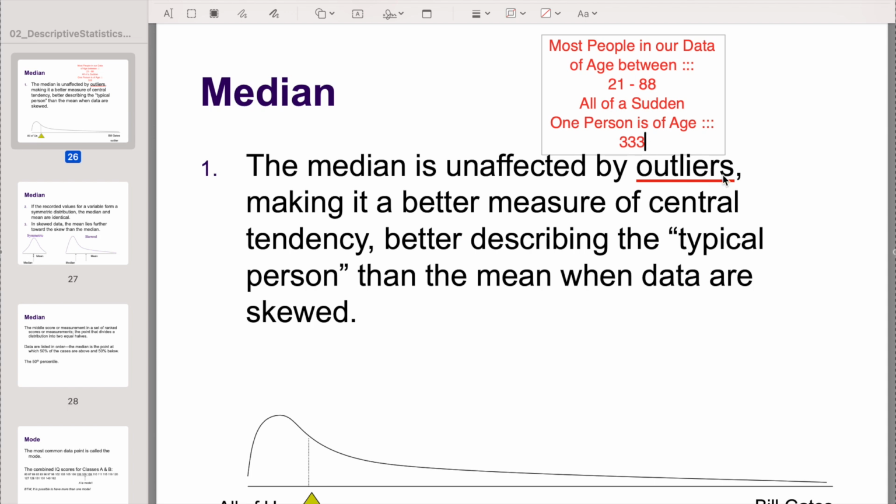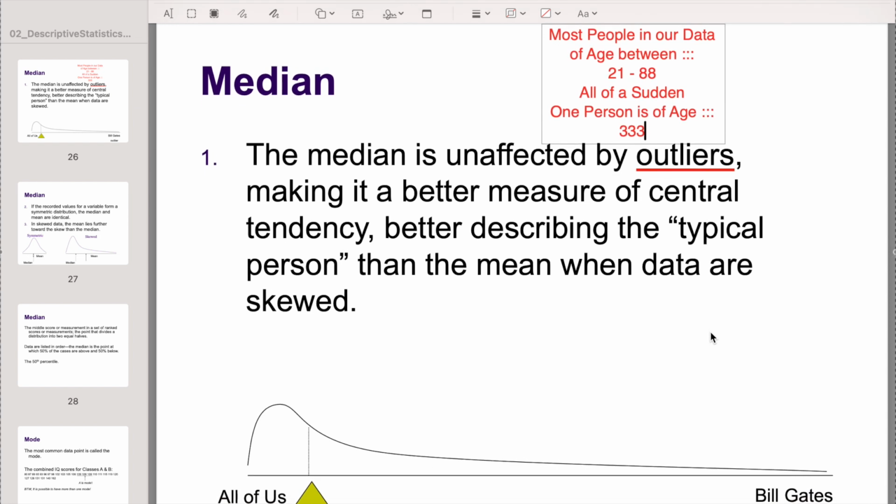Well, that's an outlier. If we're going to take the mean, the average between 21 and 88, and one of them is 333, guess what? Our average age is going to be like 200 years old. That is way incorrect. That ends up skewing the mean out of its normal values.